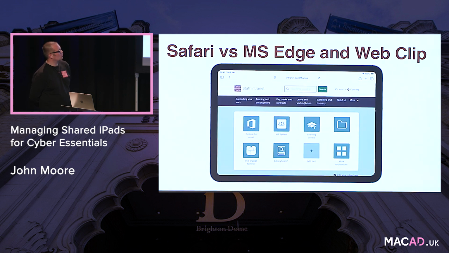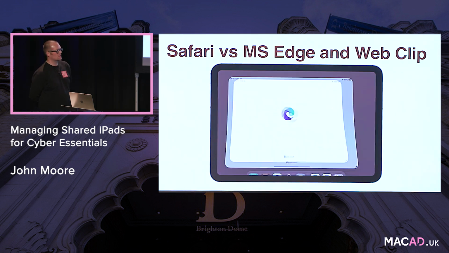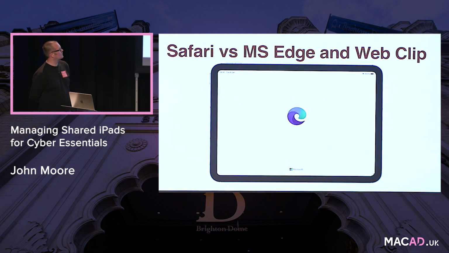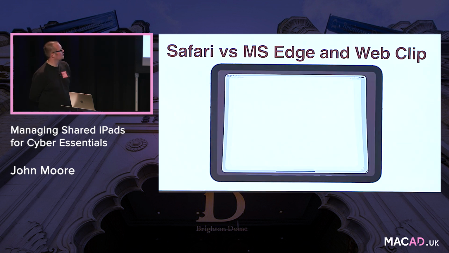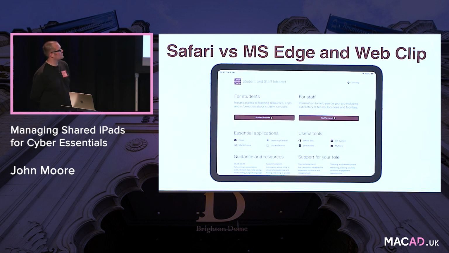you can see that it's still remembered the last user login, so not great for security. Go into Edge, and it works well. It's automatically signed out the last user. It's signed in the current user, so that's single sign-on for shared devices.